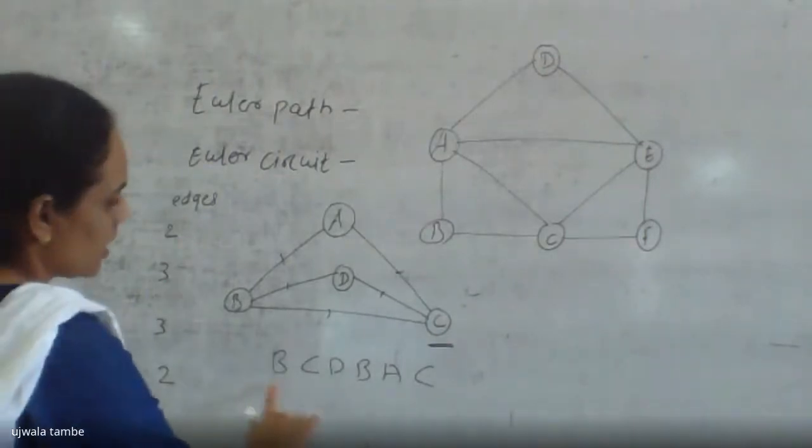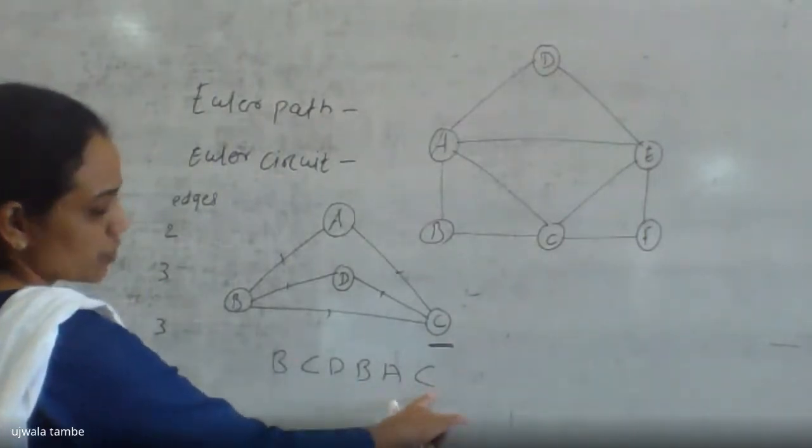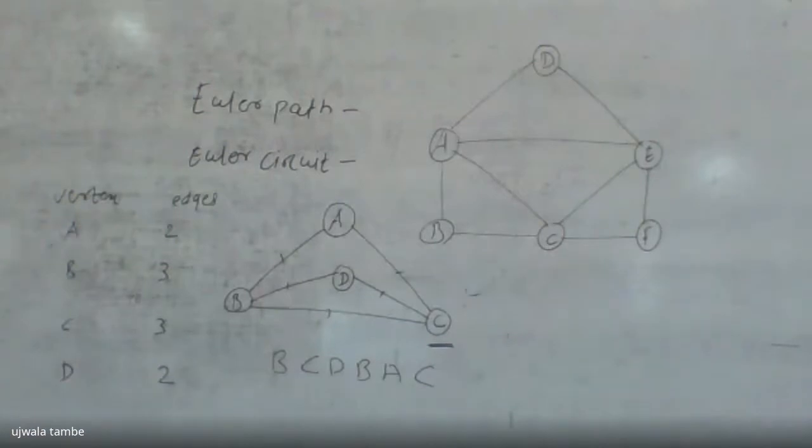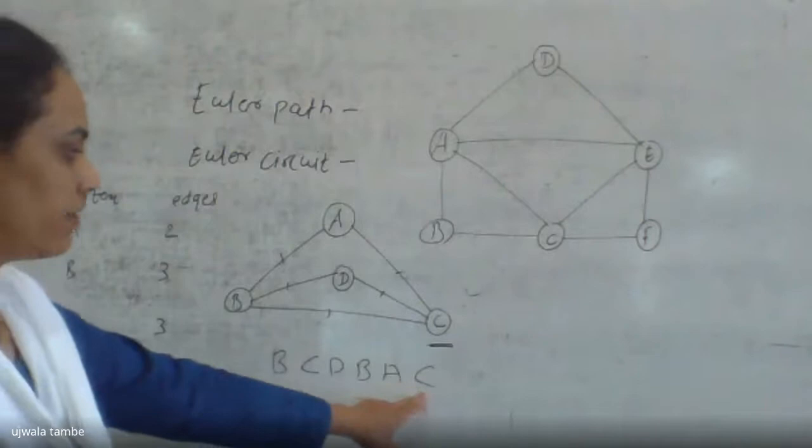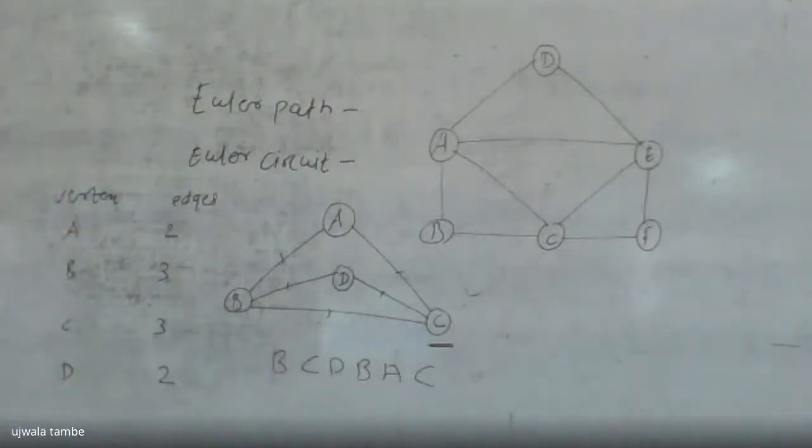The starting vertex and ending vertex must be the same in case of a circuit. So here your starting vertex is B but the ending one is C. It should be the same in case of a circuit.